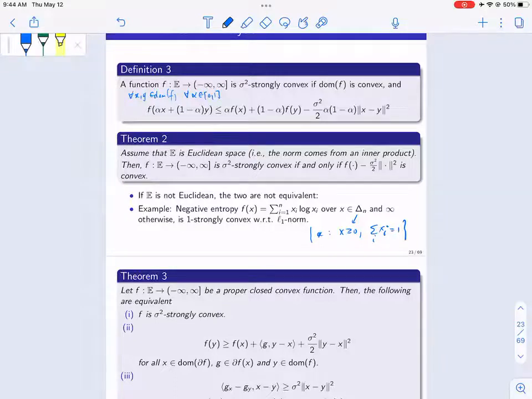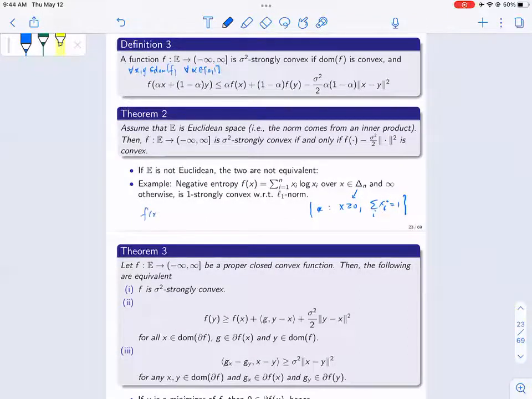With this definition, it's not hard. If you write it out with something like the L1 norm squared, first the square doesn't make much sense here. But on the domain, this part is just 1. So this is going to be always convex for any alpha, and you can't have something which is strongly convex for any alpha.